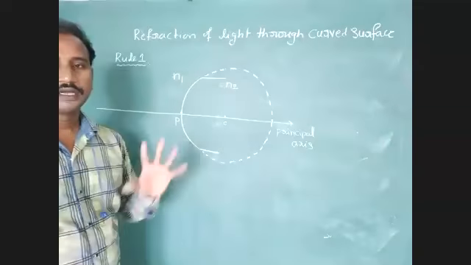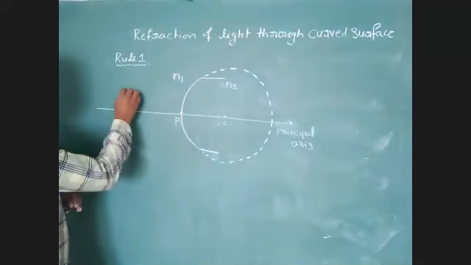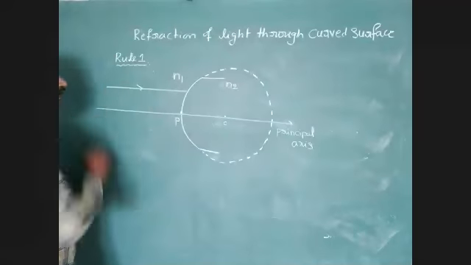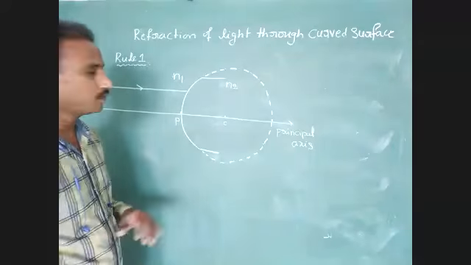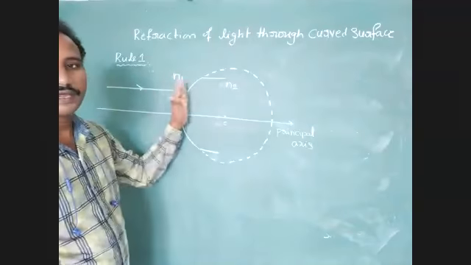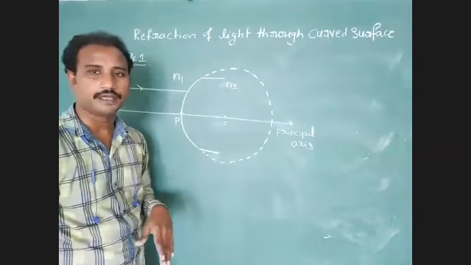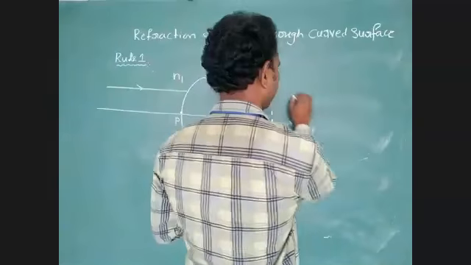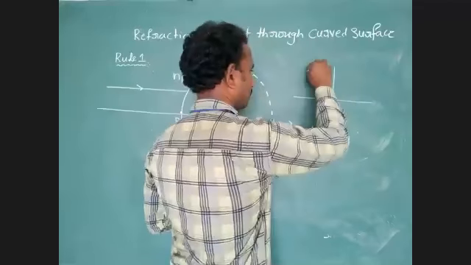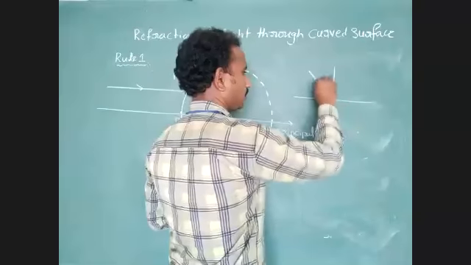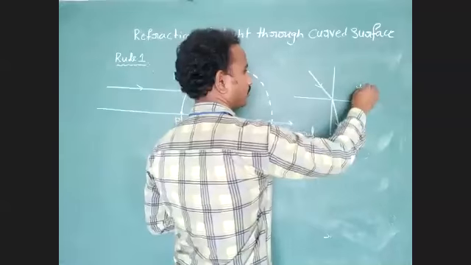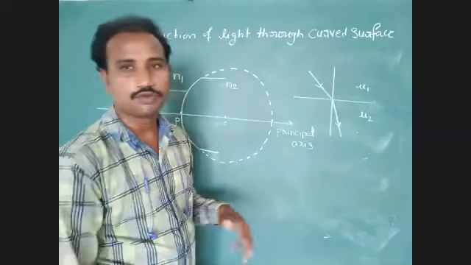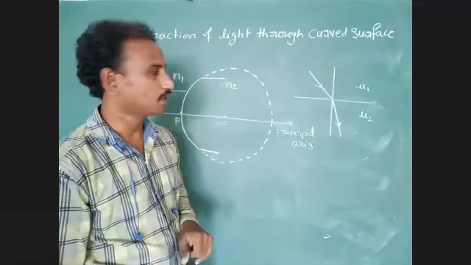Now we have to consider rule 1. If a ray of light is traveling from a rarer optical medium to a denser optical medium, then by the first law of refraction the refracted ray bends towards the normal.